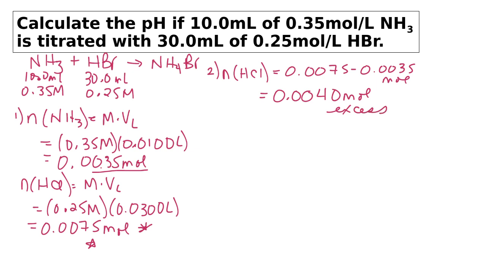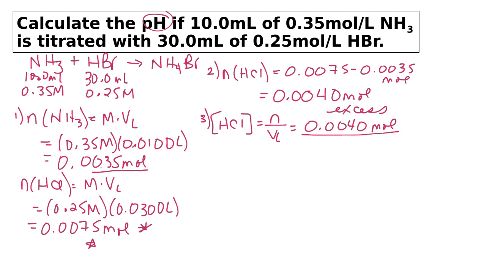And then we're going to take that excess amount of moles and we're going to figure out the new concentration of HCl, because remember, they're asking us to solve for the pH. So we know it's going to be an acidic pH. We know that HCl is in excess. So we want to figure out the molar concentration of HCl, again, by taking moles divided by volume. And our moles are 0.0040 mole.